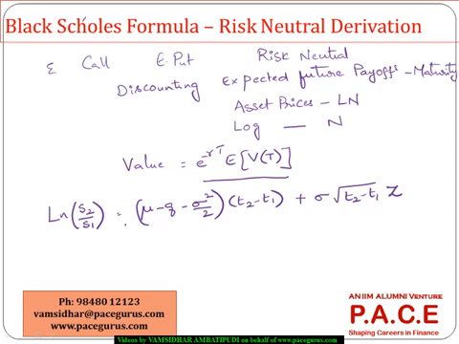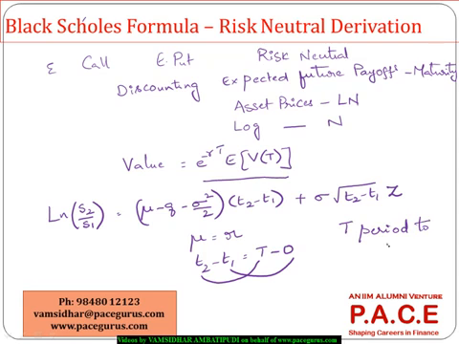Now the same application is what I am going to use even now, under the assumption that mu I am taking as r, and T2 minus T1 I'll take as T minus 0, which means T2 I take as T and T1 I take as 0, so T is the period to maturity.